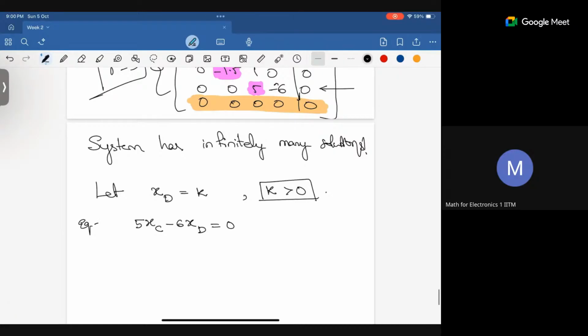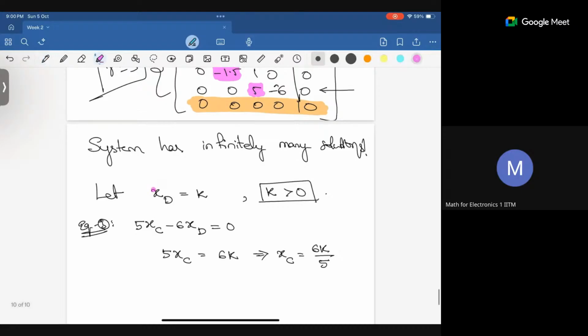So this is equation 3. From this equation, I'll have 5XC to be 6K because XD is K. So from here, XC is 6K by 5. Right? So XD is K, then XC is 6K by 5.